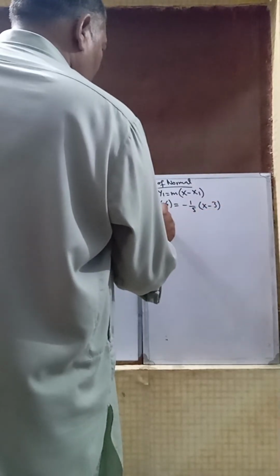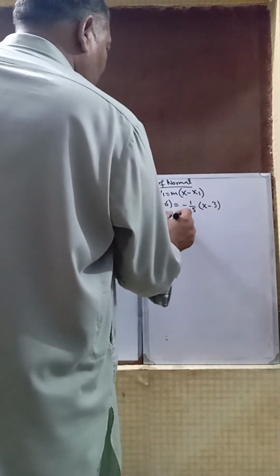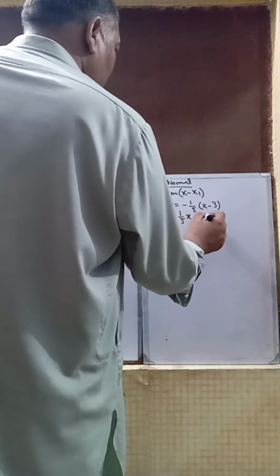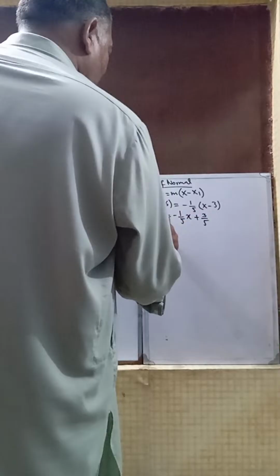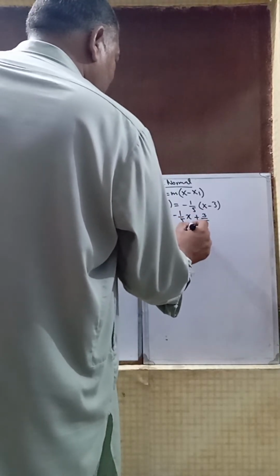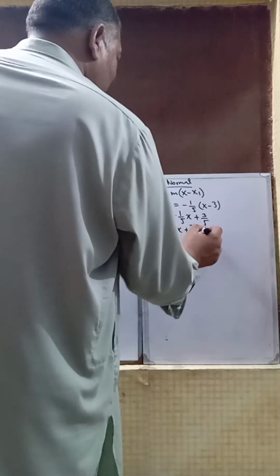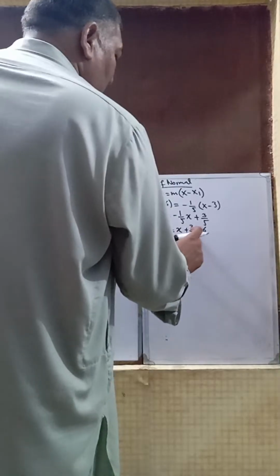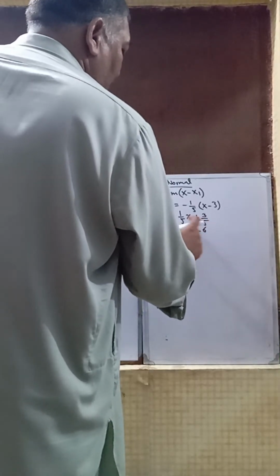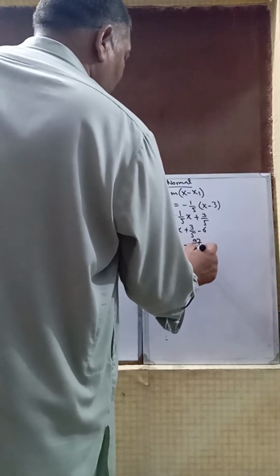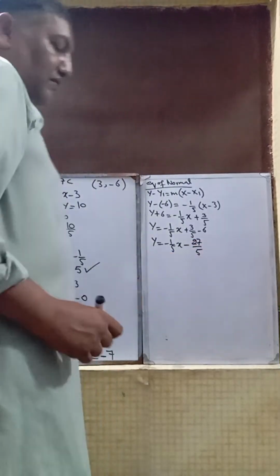So it will be y plus 6 equals minus 1 by 5 x plus 3 by 5. So y will be equal to minus 1 by 5 x plus 3 by 5 minus 6. So y will be equal to minus 1 by 5 x, and 3 minus 30 is minus 27 by 5. So this is the equation of the normal.